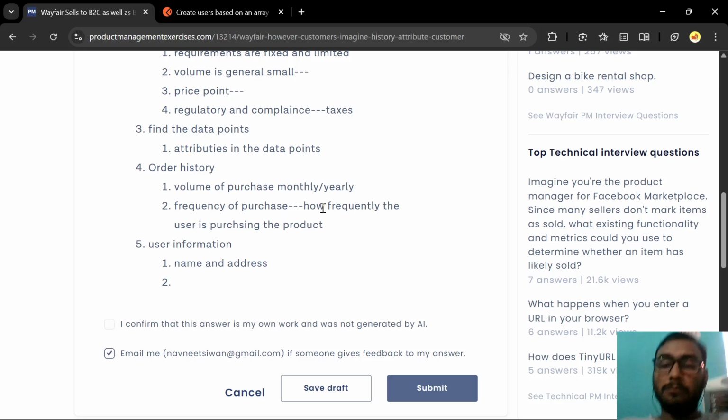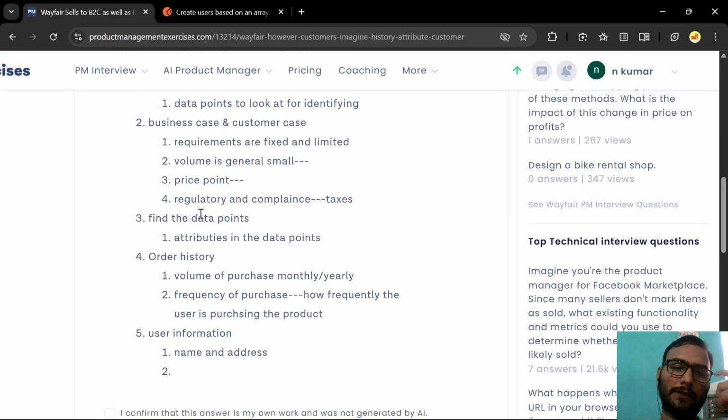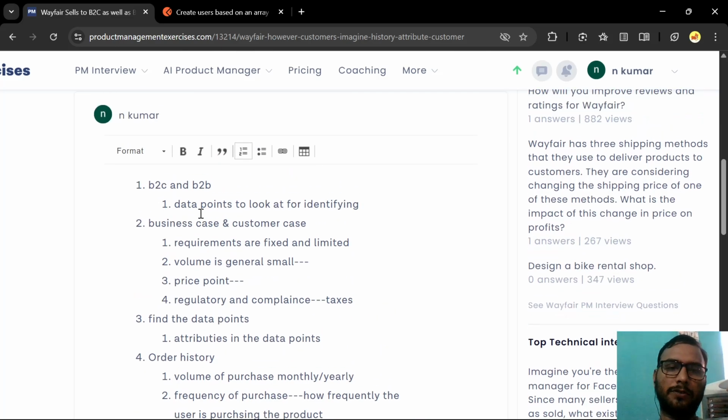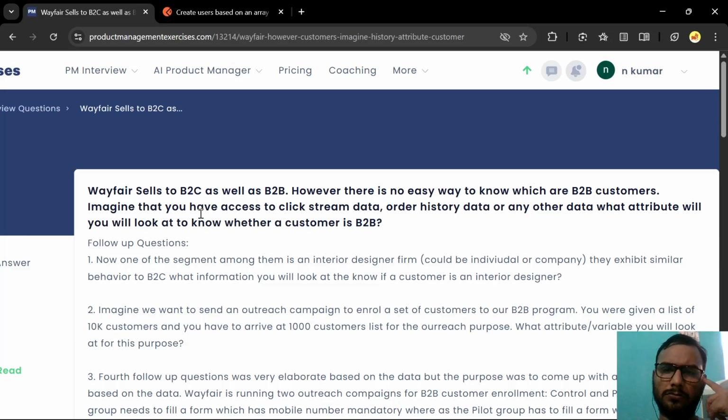So they would be purchasing the particular product in the name of their business. So we need to find the name and address data points of the consumer who is buying that. This will also tell us whether that consumer is a business or an individual customer. So I think these are the two or three data points, or attributes, we can look at.